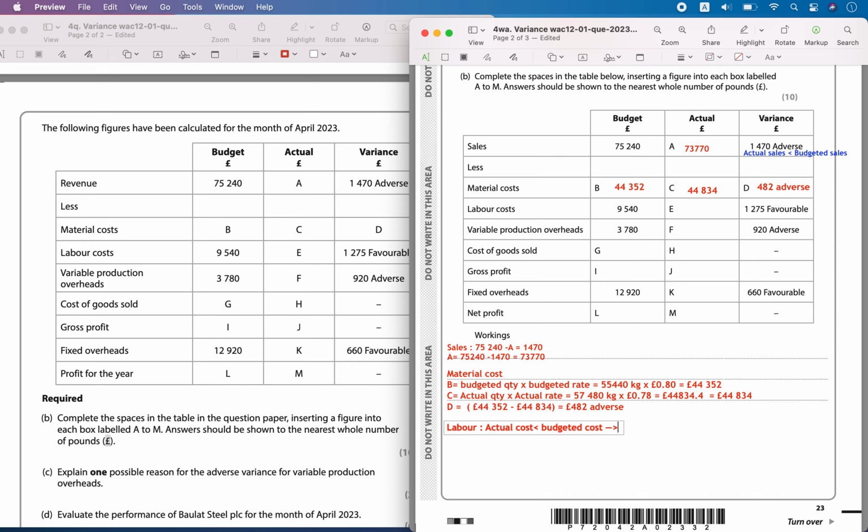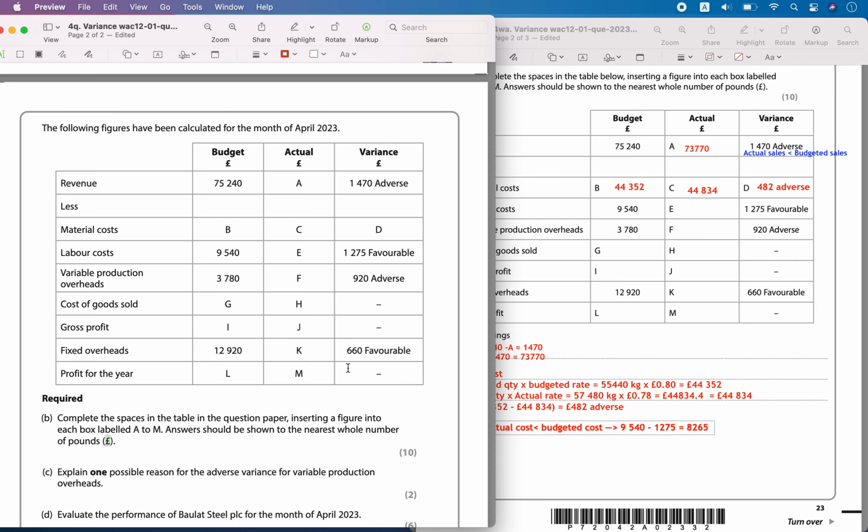So which implies that this was a budgeted cost, my actual cost has to get less. So I will subtract 1275, so that is going to be equal to 8265 pounds.